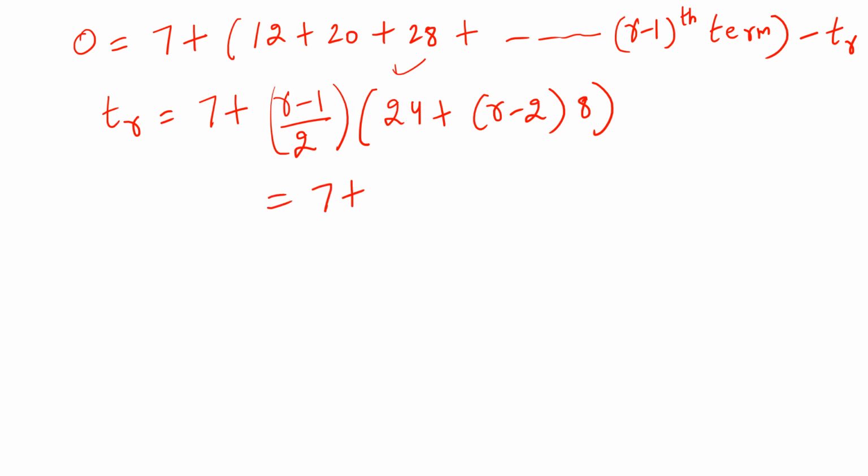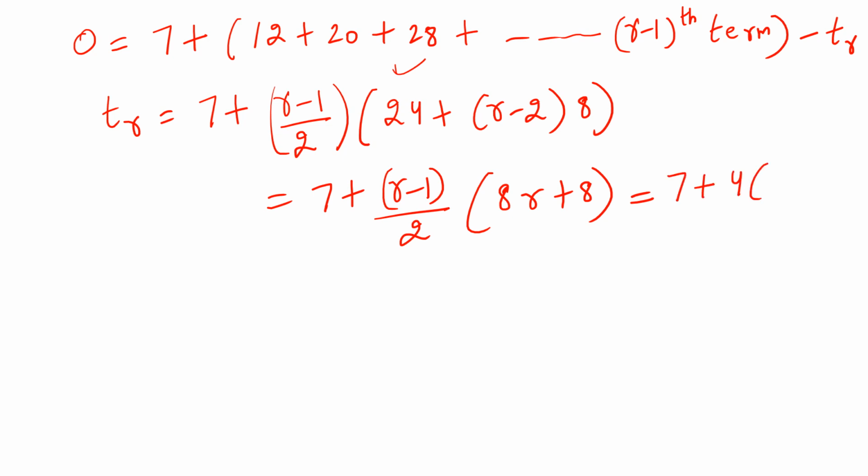And this becomes 7 plus (r-1)/2 into (8r+8). Now upon simplification, this becomes 7 plus 4 times (r^2 - 1). And this is just 4r^2 + 3. Now we have got the general term of the sequence.